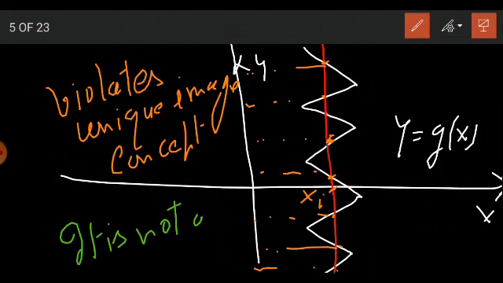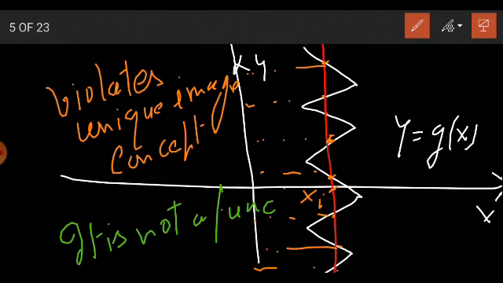It violates the definition of a function. So in the graphical approach, we conclude that if we draw a line parallel to the y-axis, and it cuts at a single point on the curve, then it is a function, and if it cuts at more than one point, then that curve is not said to be a function.